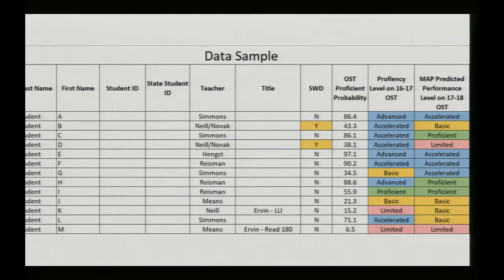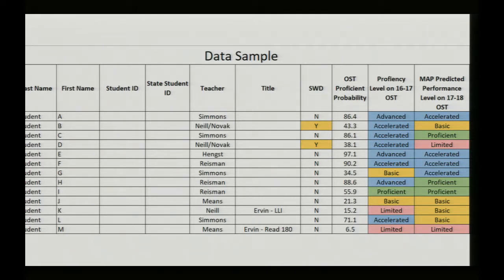What this document does for us is show students' performance levels on the state assessments last year, and we're comparing it to their predicted performance based off of internal assessments that we are doing, which is the MAP assessment, the measure of academic progress. So it enables us to gauge whether or not our students are maintaining their place in line, which directly affects our value added score on our state report card, and it gives us a touch base on whether students are making faster gains or falling behind.